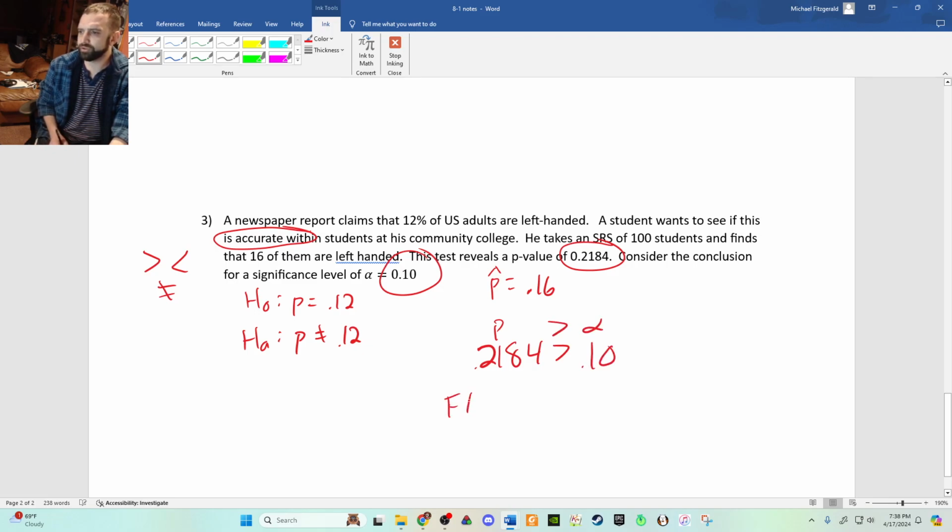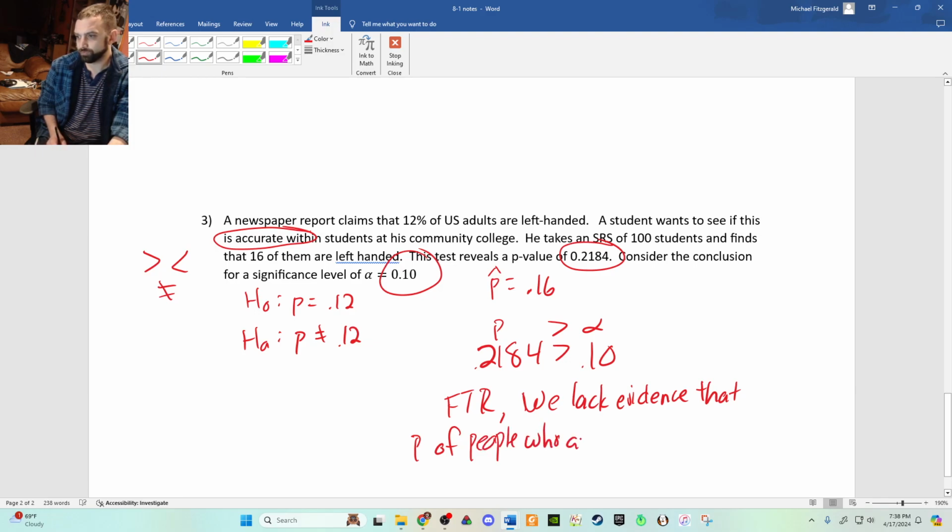So we fail to reject, meaning that we lack evidence that the true proportion of people who are left-handed is different from 0.12.